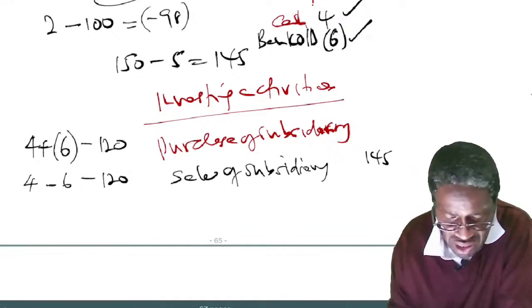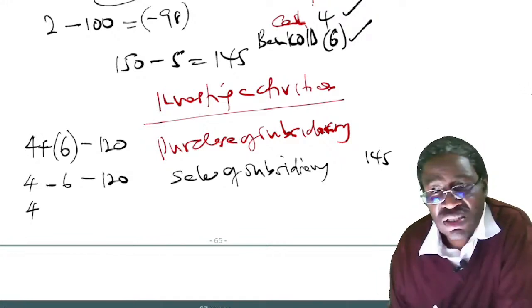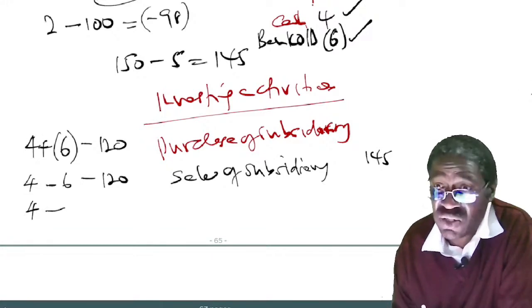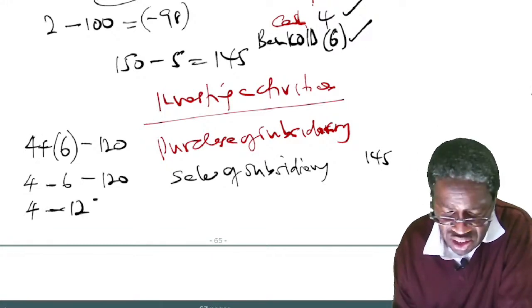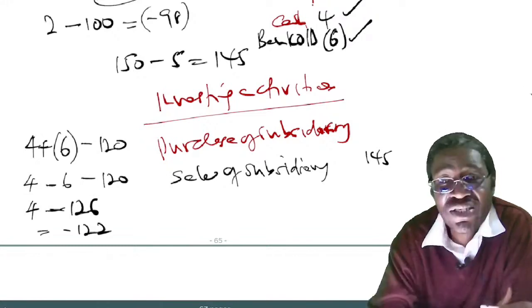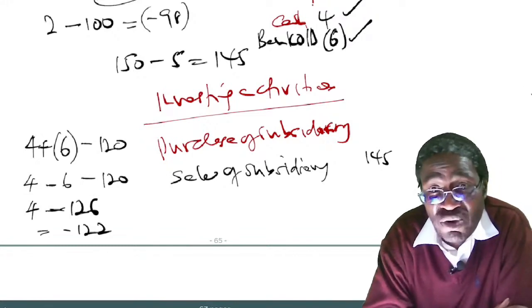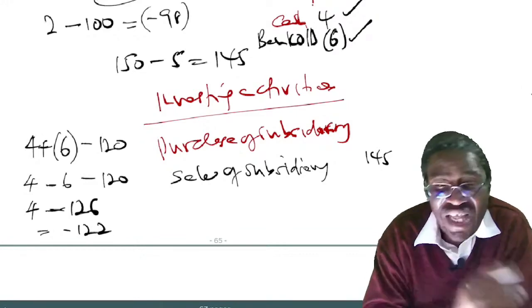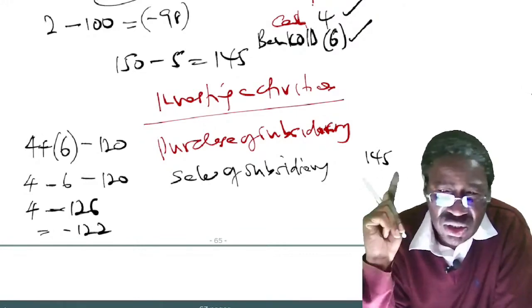So this will be 4. Then, like items, you put them together: negative 6 and negative 120 is negative 126. So you end up with negative 122. I hope you are following. The argument does not change.